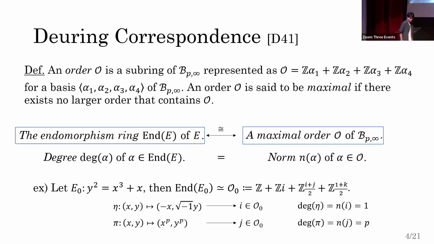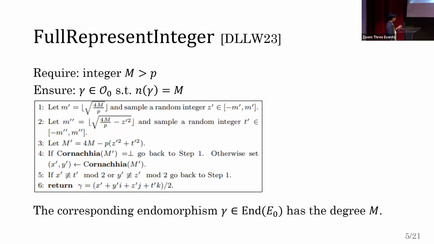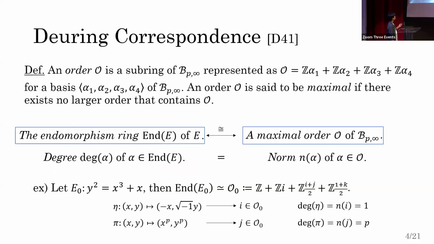Okay, next I explain the Deuring correspondence. Before the statement, let me introduce the definition of order. This is the definition. An order O is a lattice of the quaternion algebra B, represented by this form, where alpha 1 to alpha 4 is a basis of the quaternion algebra.